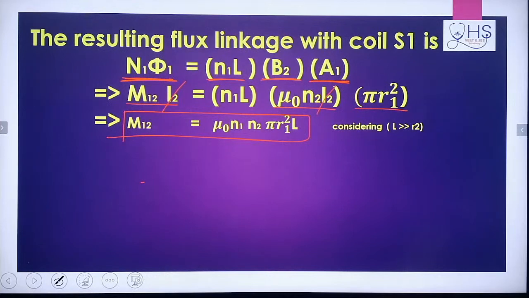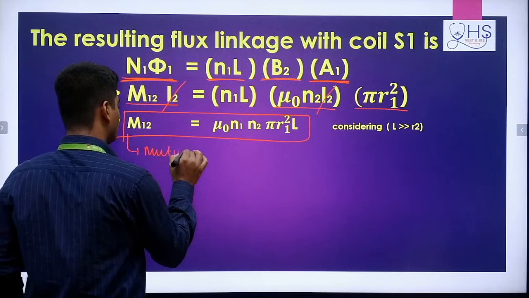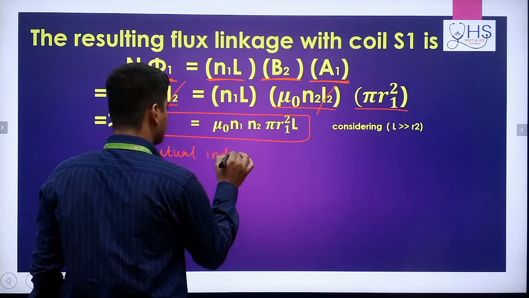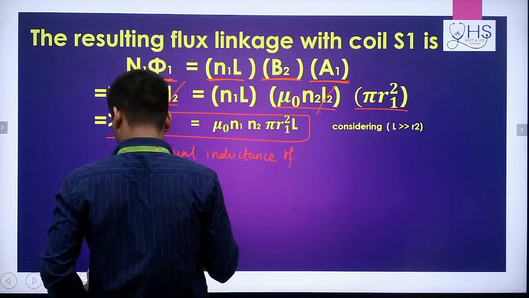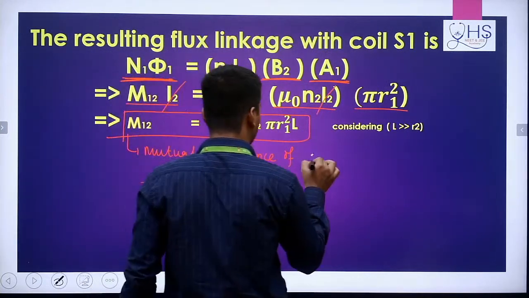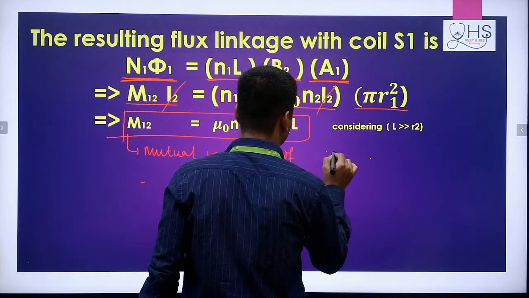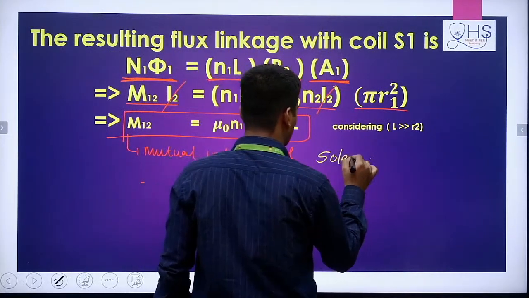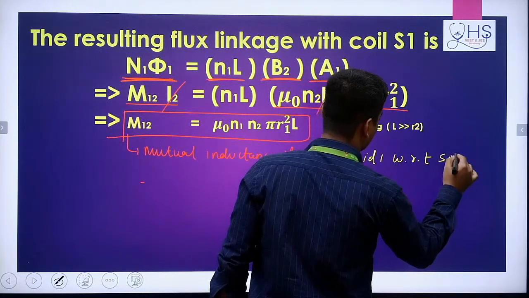So this is your mutual inductance, the mutual inductance of coil 1, or solenoid 1, with respect to solenoid 2.